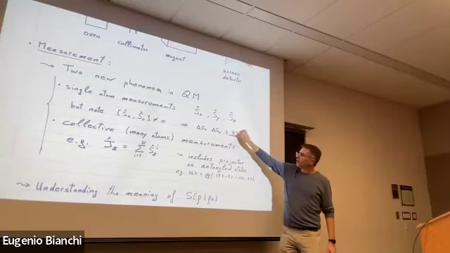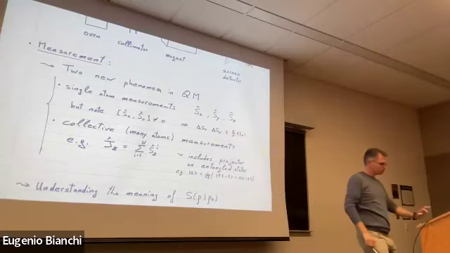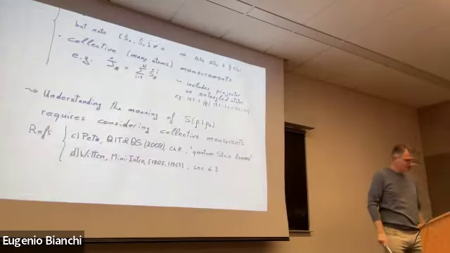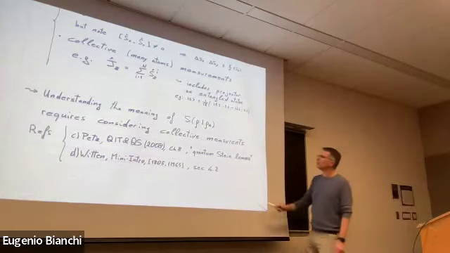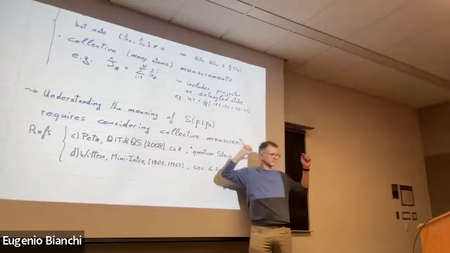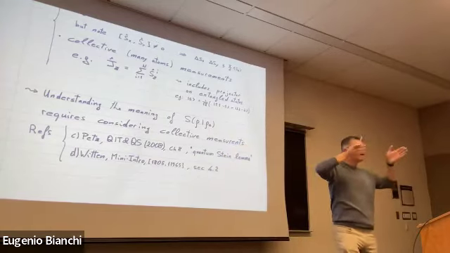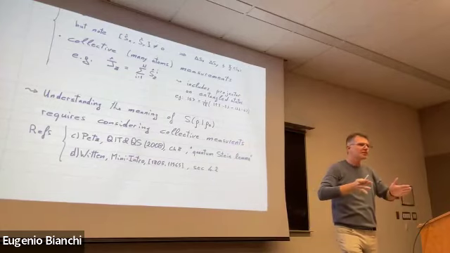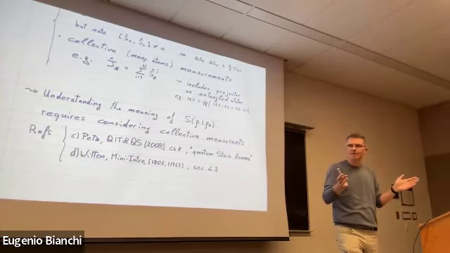Okay, so having highlighted these 2 points, now I can show you what is the non-trivial thing, or how you take into account these collective measurements and why they are important to give an interpretation, to give a meaning to the relative entropy. Let me say it again. If you choose a basis of observables, then we are just asking about classical information.